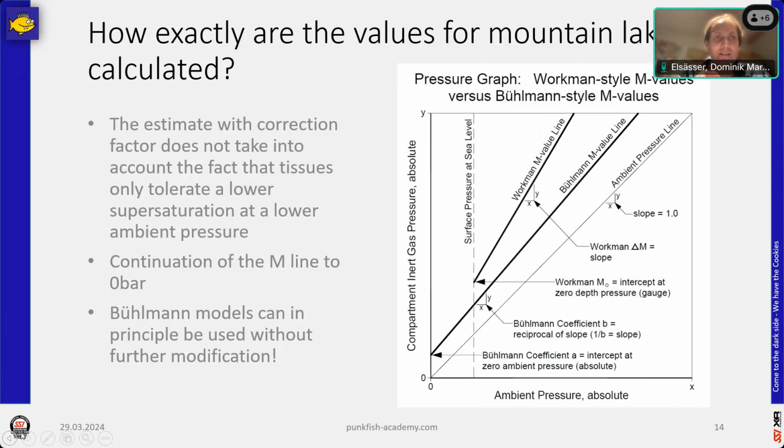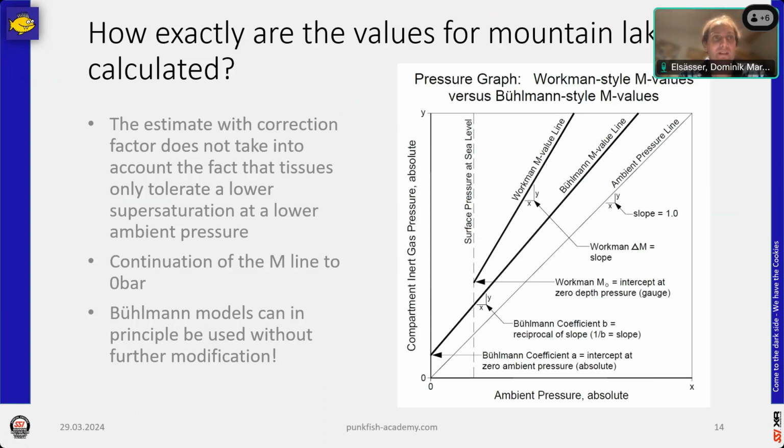And now in the y-axis here, there is the inert gas, for example, nitrogen pressure in one compartment. Normally we plot what we call the leading compartments, those compartments where the inert gas pressure is closest to the limit that is set from the model.